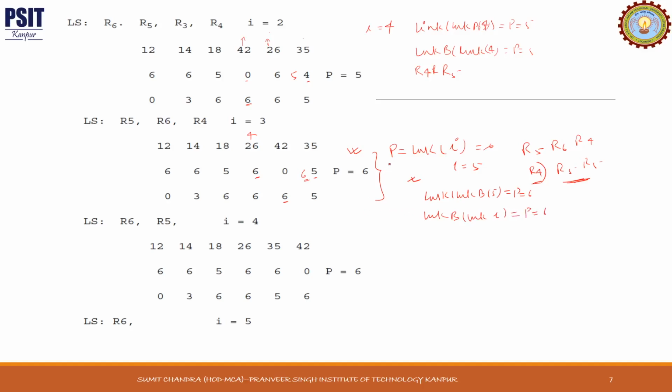So link of I we have to see. Link of I is 0, so we'll do nothing, and we'll exchange R5 and R6. So this is what we got. Since now only one element is left in the list, it's trivially sorted. One element is sorted in itself, so we'll stop here. So this is our sorted list.